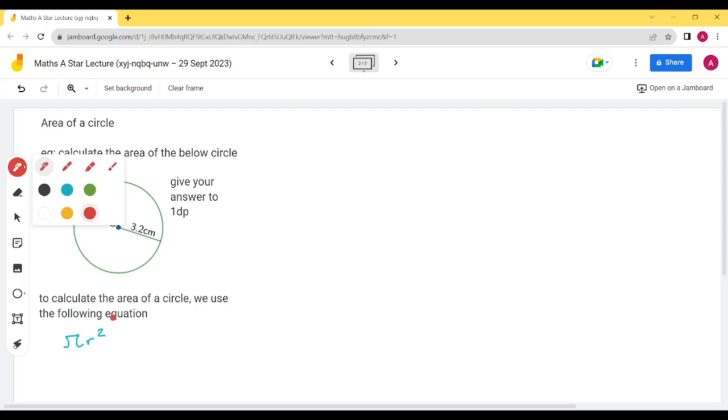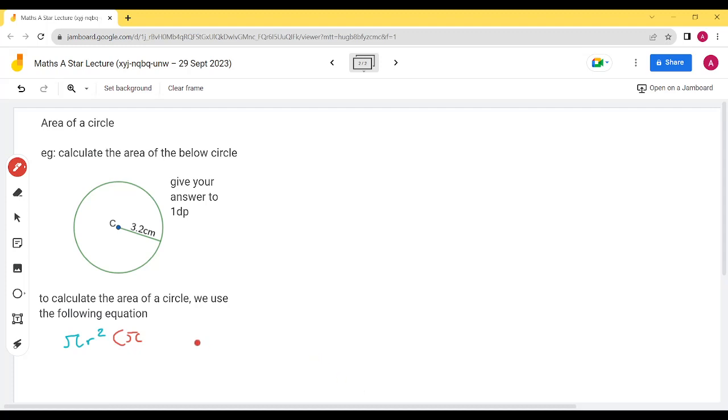Remembering pi is a mathematical number, it is on your calculator as well, it's a button. If you look down, it should be over the times 10x. If you press shift, the yellow button, and the times 10x, and you turn your calculator on, it should give you the pi sign.